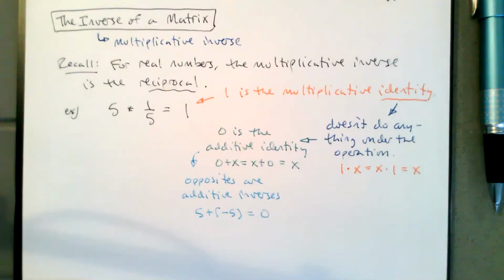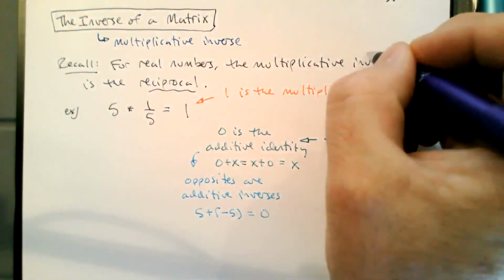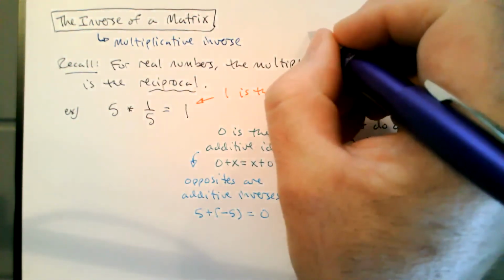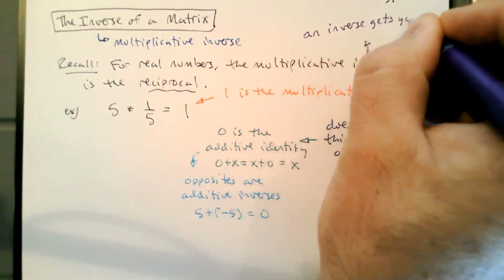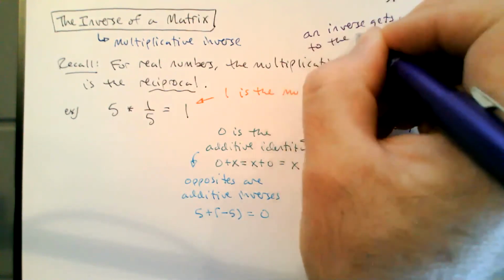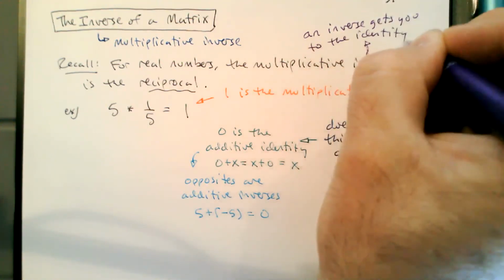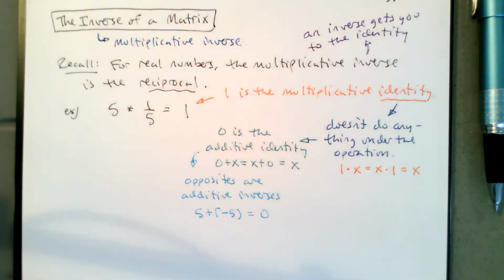An inverse is what gets you to the identity. So the additive inverse of 5 is the opposite of 5, negative 5, because when I add 5 and negative 5, I come up with the additive identity, which is 0.